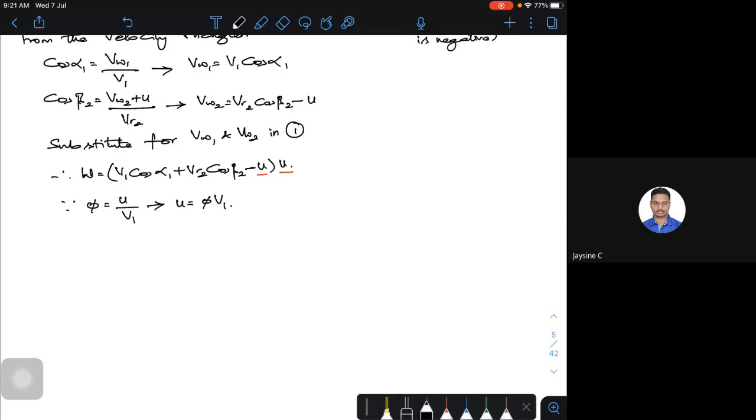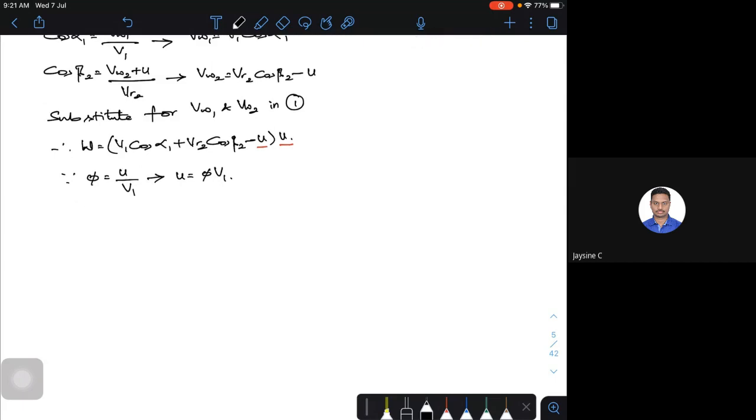So let me open the bracket. W is equal to V1 into U into cos alpha 1 minus VR2 into U into cos beta 2 minus U square. Now substitute for this part.